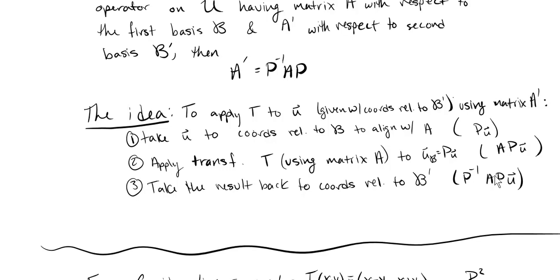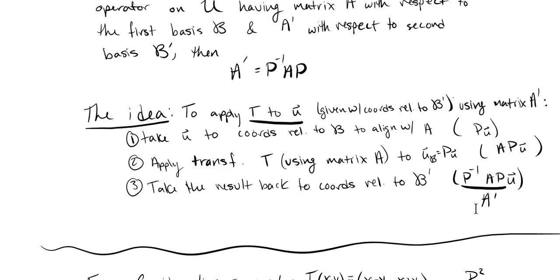And we see that really applying T to U by matrix multiplication on coordinates amounts to multiplying U by P inverse AP. So we call that the matrix representation relative to basis B prime. We start with something in B prime and end with coordinates in B prime.